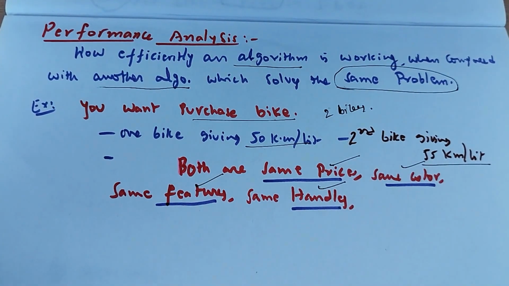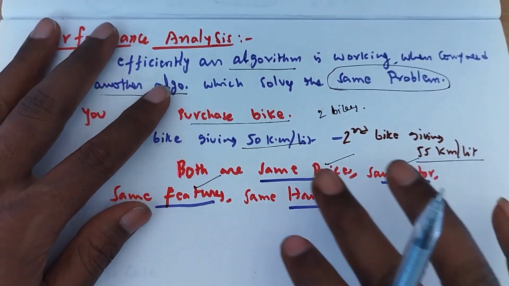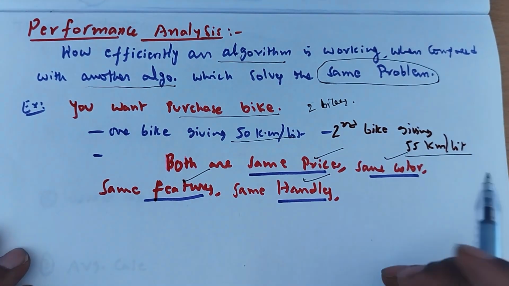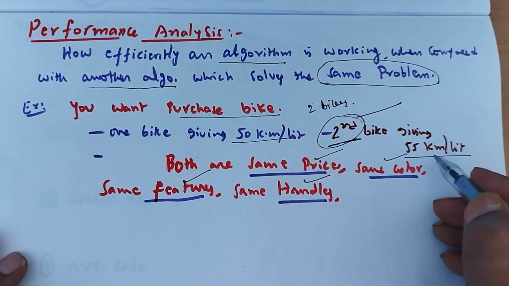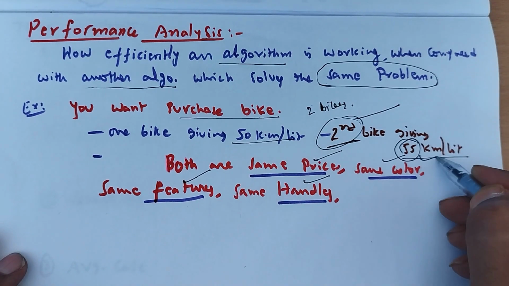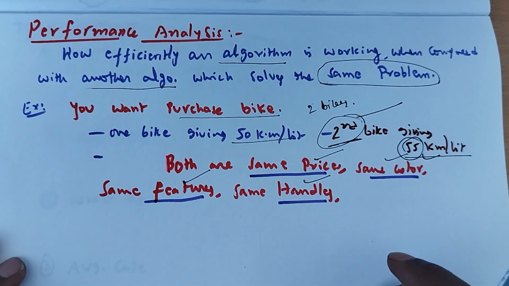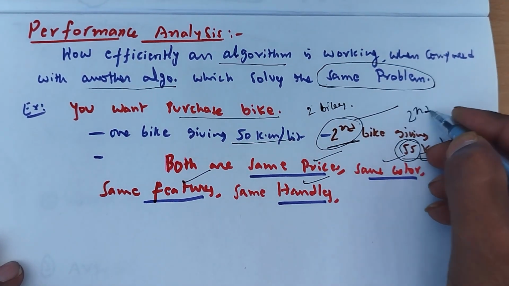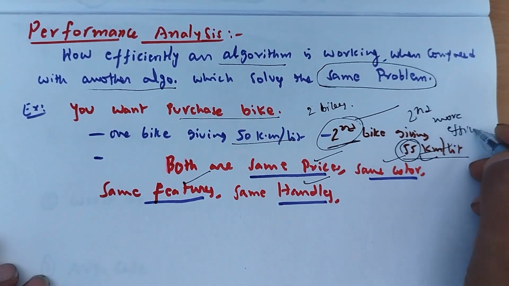Now, which one will you purchase? We choose the second bike. Why? Because it gives 55 kilometers mileage, it has more efficiency. So we will take the second bike.